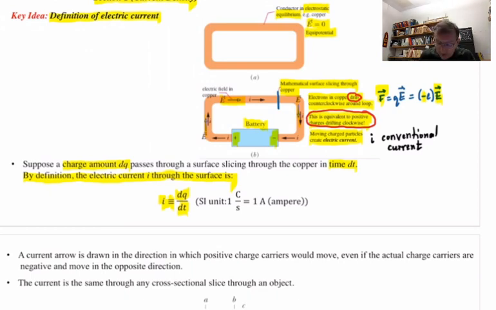The SI unit of electric current, that's important. Well, it must be 1 coulomb per second, right, based on that definition. But we need to be aware that the unit coulomb per second is given its own name, the ampere, symbol capital A, sometimes abbreviated as amp. But ampere is the name of the unit, SI unit for electric current.